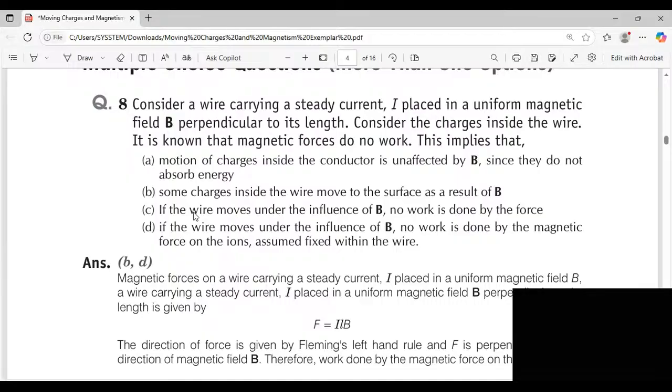If the wire moves under the influence of B, no work is done by the magnetic force on the ions assumed fixed within the wire. This is also a correct statement. So the correct option of this question will be B and D.